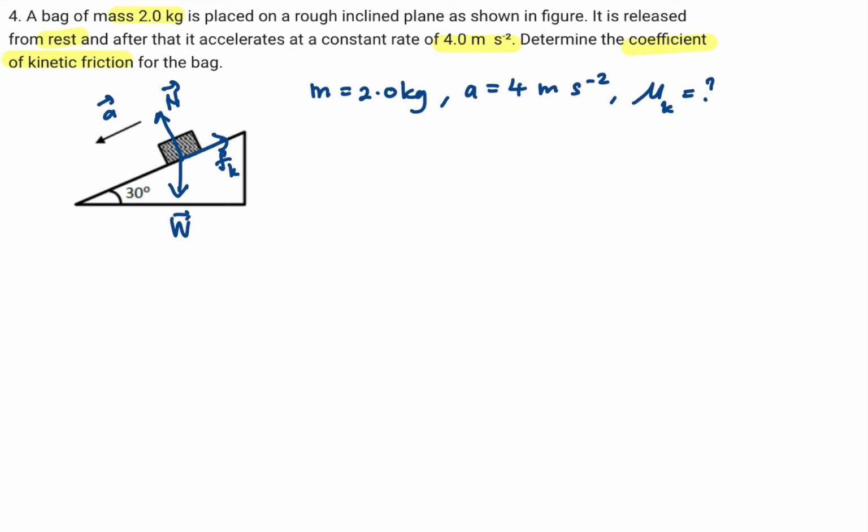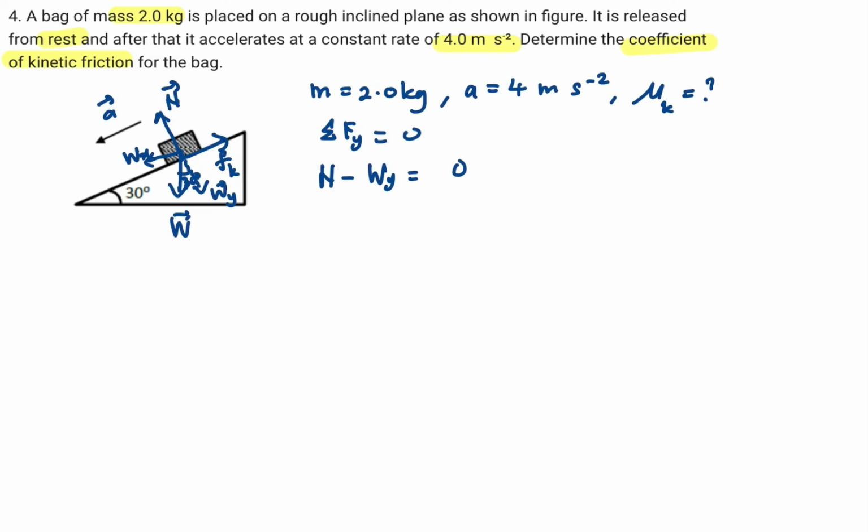Now we know that in the y component, summation Fy will be equal to 0. So we have a normal force, and also a minus Wy, which will be equal to 0. Wy here we can resolve, where theta is 30 degree, and this is your Wx.